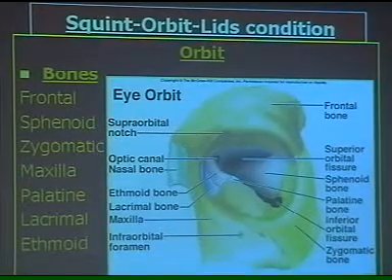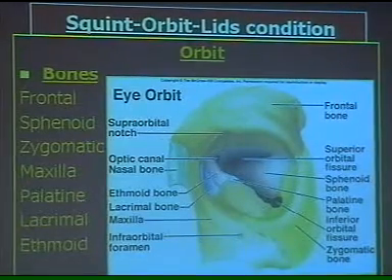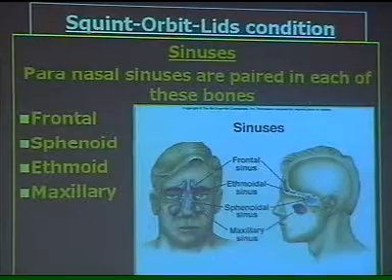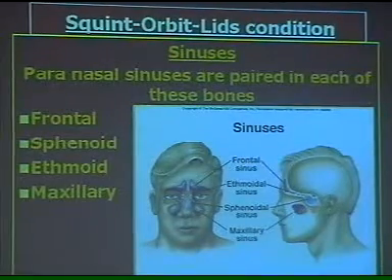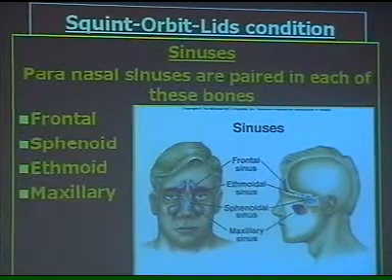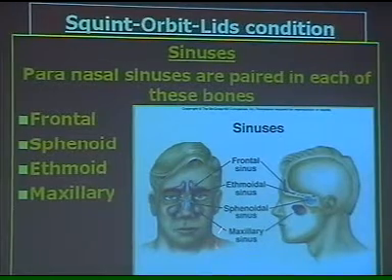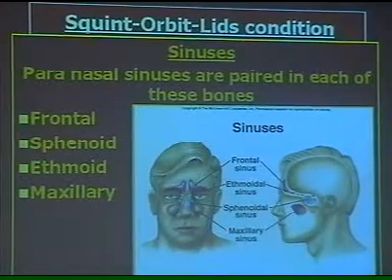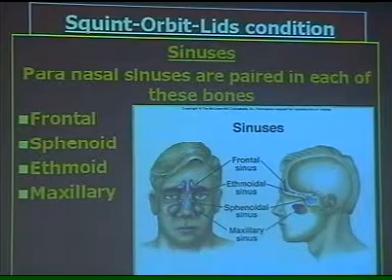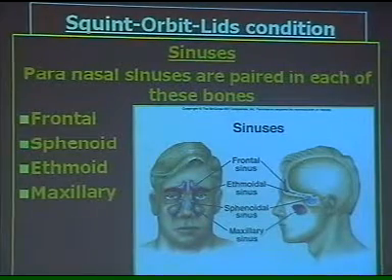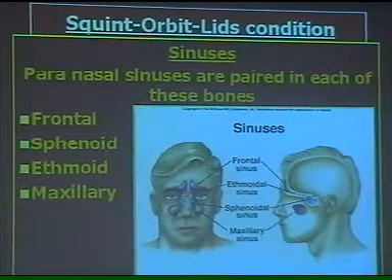Now the orbits are intimately related to the sinuses. All the 4 sinuses are actually around the orbit, and they are related to orbital disease.